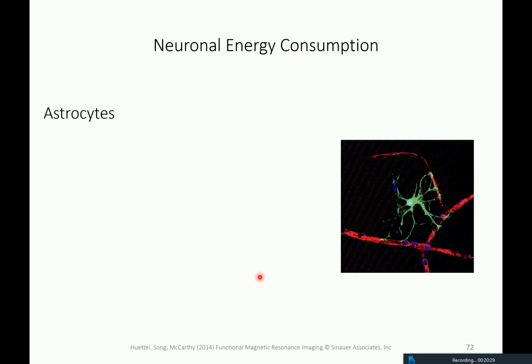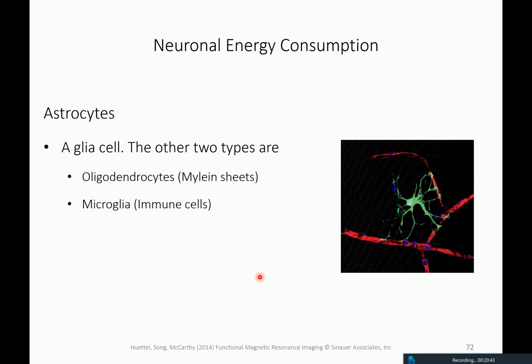And to go more into the synaptic process and also later understand a little bit more about this metabolic hypothesis of functional hyperemia, I'm also reminding you of some glia cells, in this case the astrocytes. For your Who Wants to Be a Millionaire questions, it might be worthwhile to also remember that there are other glia cells, namely oligodendrocytes, which provide the myelin sheaths in the central nervous system.